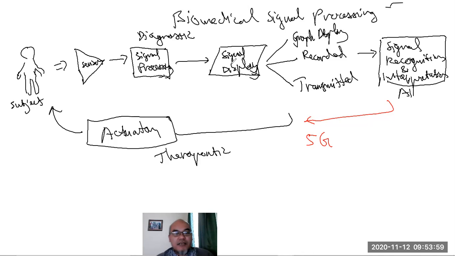With the current telecommunication network which we have in Indonesia, 4G, it is not yet possible because there is still this latency between the person operating and the actual actuation by the actuator at the place where it is needed. But for example, in China, they have already used this 5G technology, even though not yet in the healthcare sector.